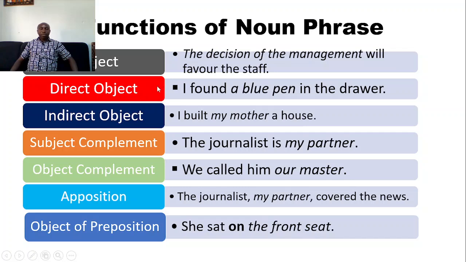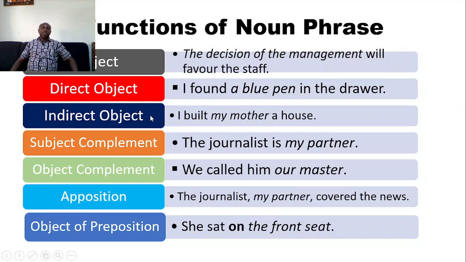You know that direct objects receive the action of the verb. I found a blue pen in the drawer. A blue pen here is the object of the verb found, because found acts upon it. So a blue pen here is a direct object, and it is a noun phrase, as you can see.